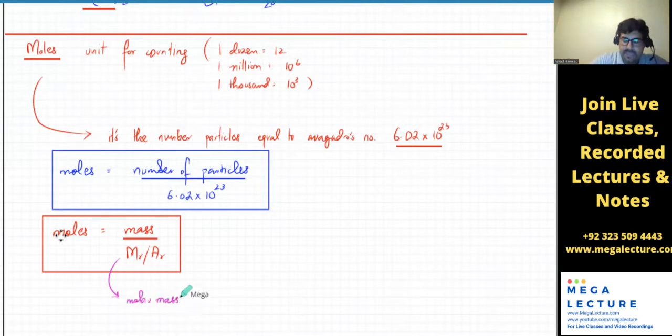So what is the molar mass? Molar mass is the mass of 1 mole of a particular substance. It is basically the AR or MR expressed in grams.